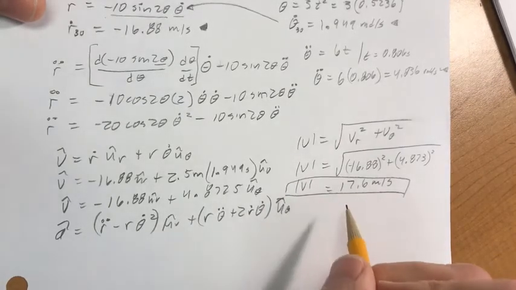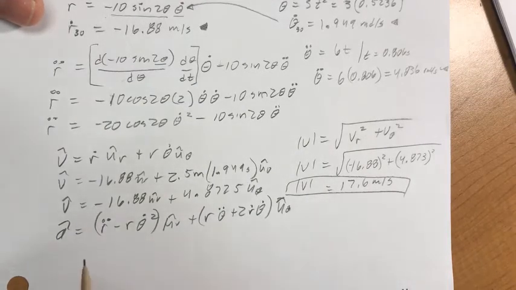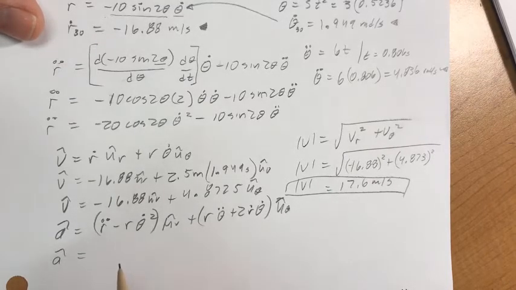We don't have to worry about z because it's a polar problem. There's no 3 dimensions here. So we just plug these numbers in.